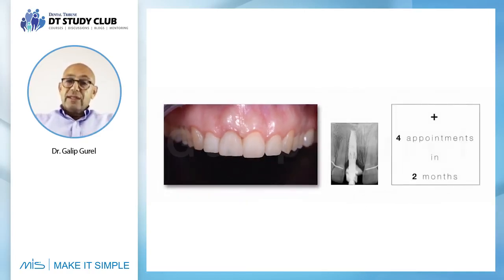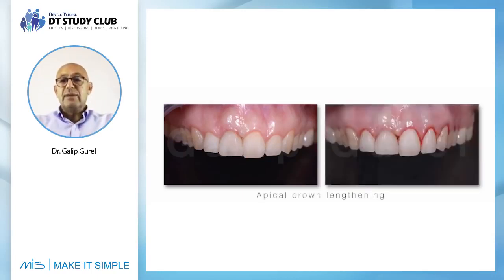You can most of the time get very good results, but to do that, on top of what I waited, I needed to wait another 2 months plus 4 appointments to remold the socket until it comes to its ideal shape. At the same time, we're doing some apical crown lengthening to level up the soft tissues, even if we're not going to do any veneers.